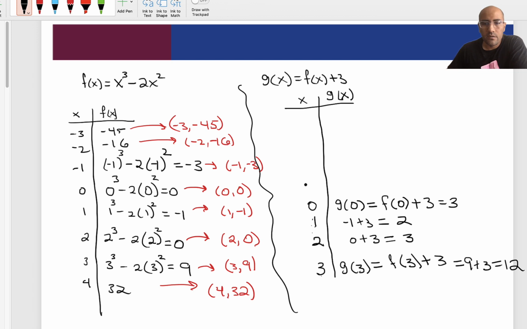It's going to be 3. Over in the negative values, negative 1 leads to negative 3 plus 3, which leads me to 0. Negative 2 leads to negative 16 plus 3, which equals negative 13. Okay, so at every point along the input values, we get the same output value as before, plus 3.